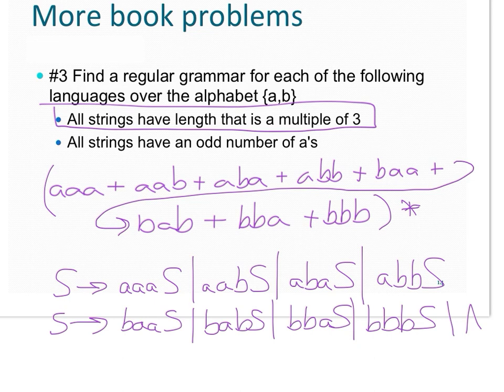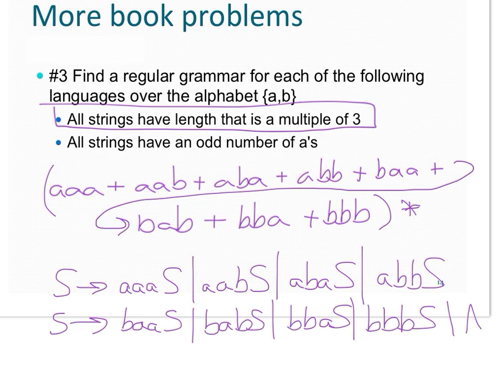And we have a string when we're done. Also we can have lambda, because lambda is a length that's a multiple of 3, I think. So it's a bit ambiguous, isn't it? I suppose you could argue that it's not a multiple of 3.